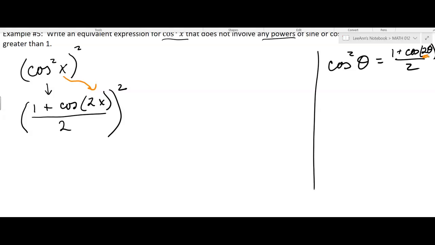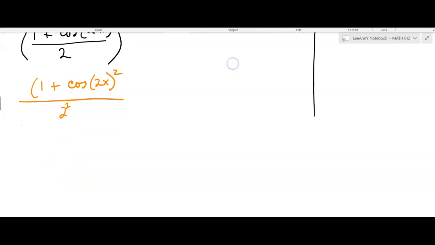Okay, so we're going to have to square the numerator, and we'll have to square the denominator, which is going to be 4, but we'll just write that in a minute. So in the numerator, when I square that, I'm going to get 1 plus 2 cosine 2x.